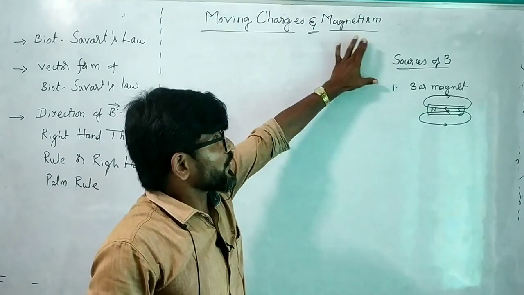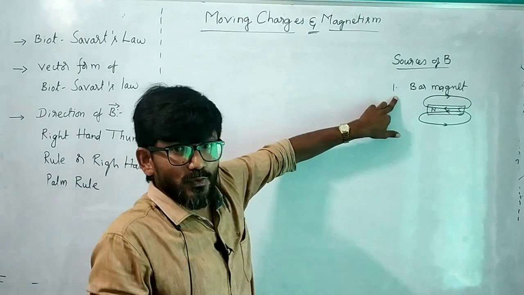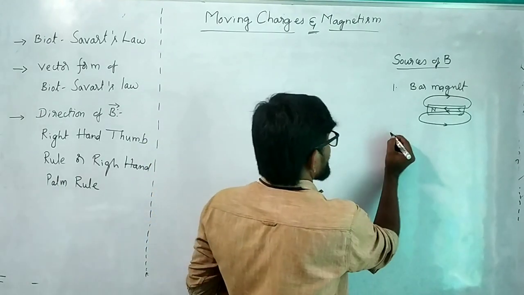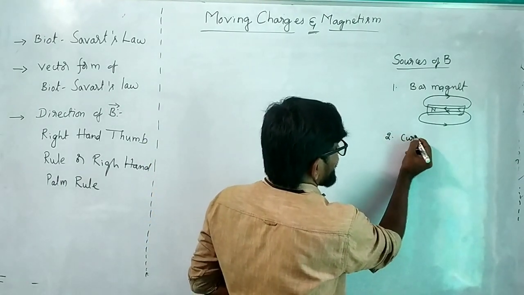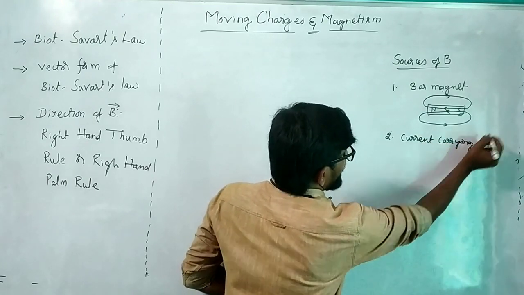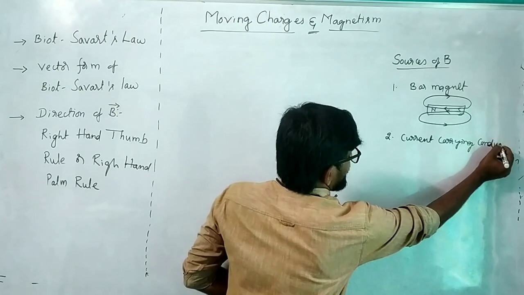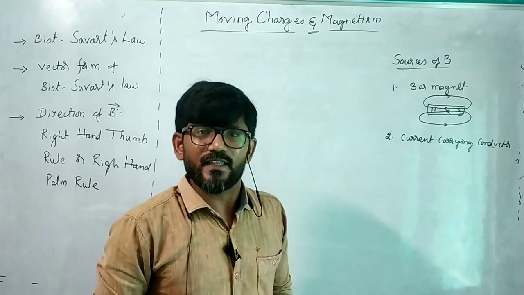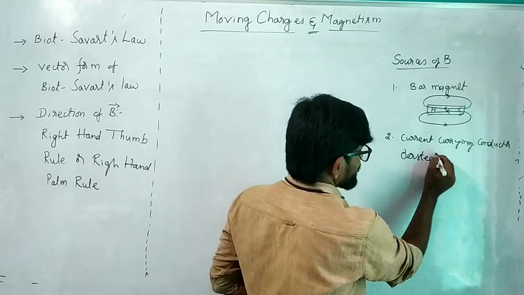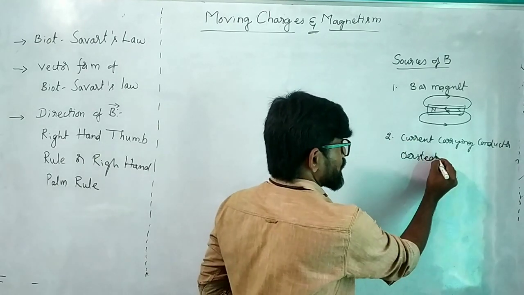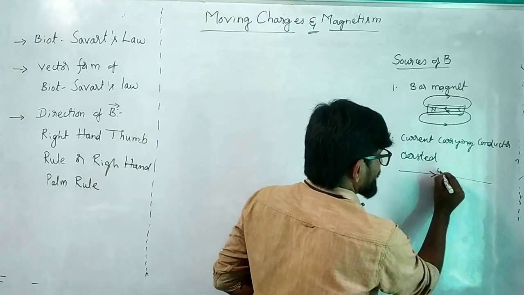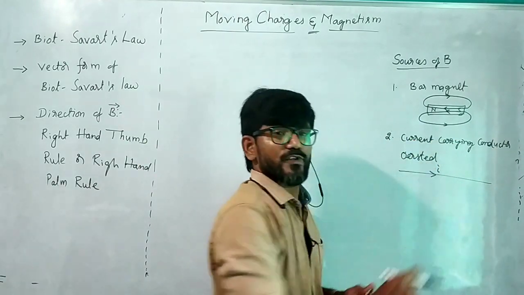So from this we have recollected that a bar magnet is one of the sources of magnetic field. Another one is a current carrying conductor. The first person who observed this is Ørsted. Ørsted observed that if current I is flowing in a conductor, it produces magnetic field.